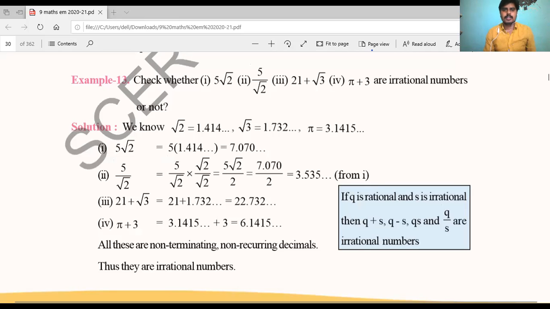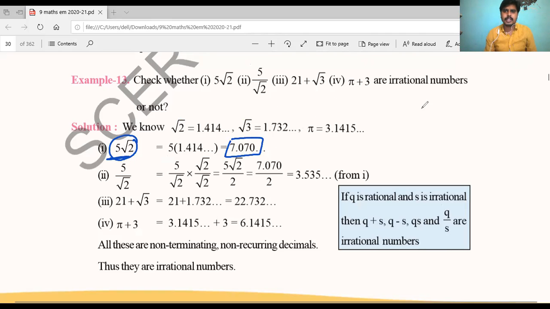So root 2, root 3, pi are irrational numbers, non-terminating, non-recurring decimals. So 5 root 2, if you multiply 5 and root 2, 5 into 1.414, so on, you will get 7.070.